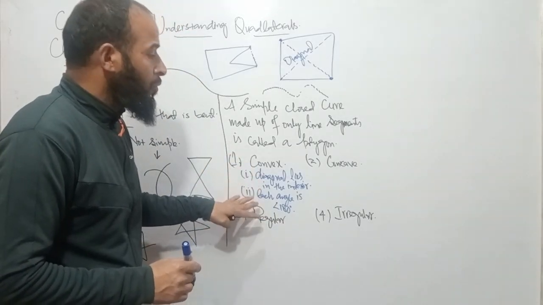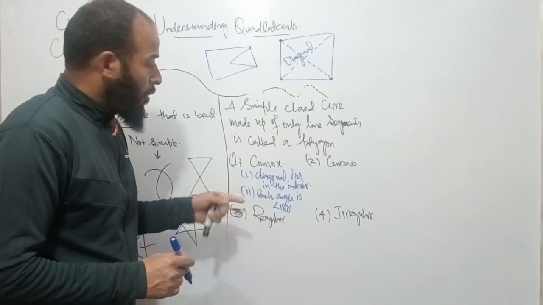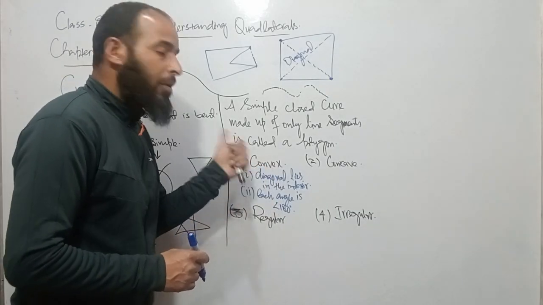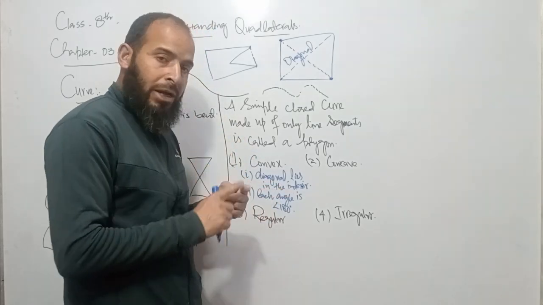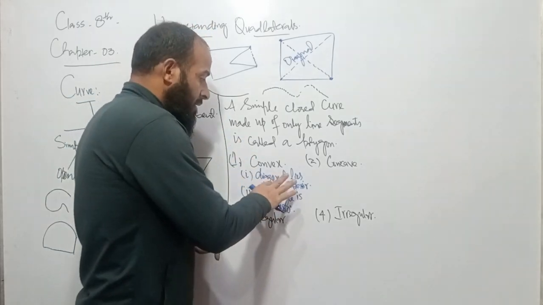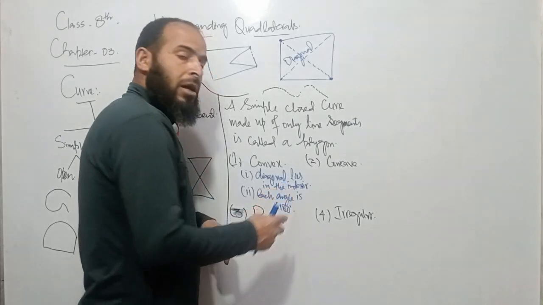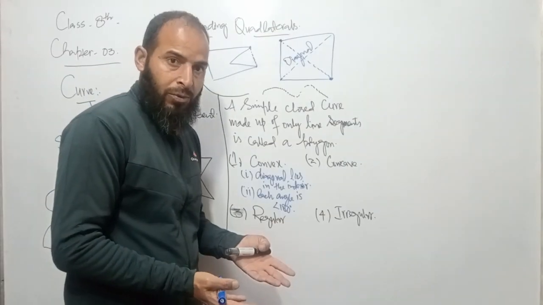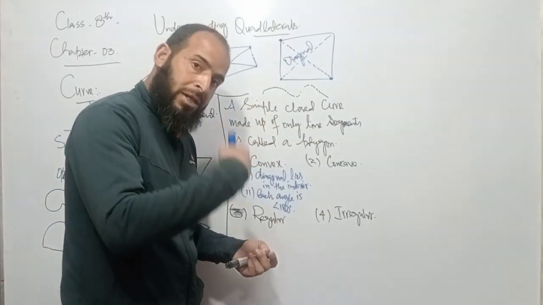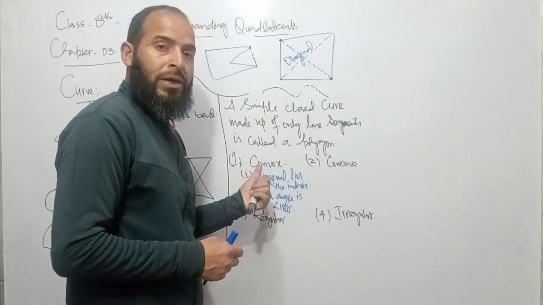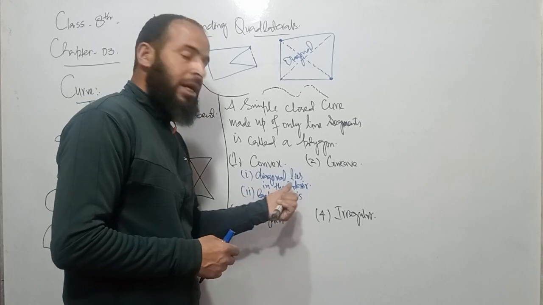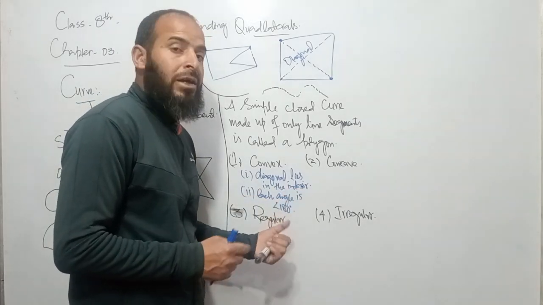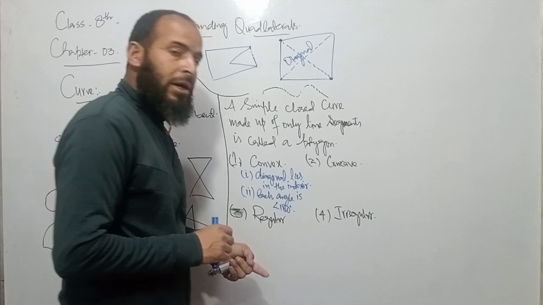These are the two definitions of a convex polygon. So what do we mean by a convex polygon? A polygon whose diagonals lie within the curve, or within the polygon, is called a convex polygon, or a polygon in which each angle is less than 180 degree is called a convex polygon.